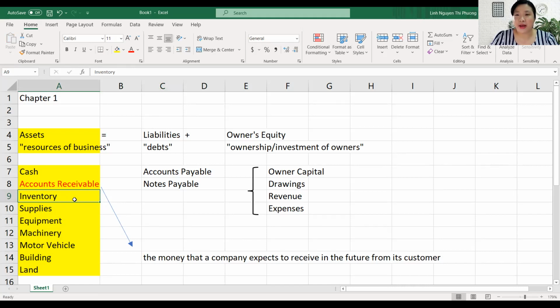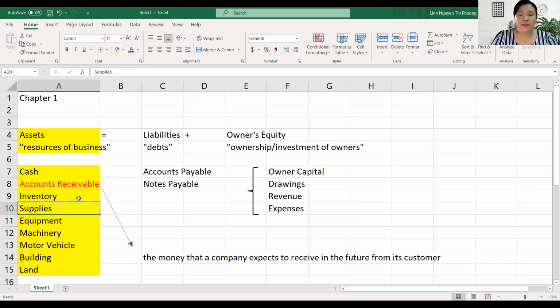For example, if you are selling books, so books will be your inventory. If you sell CD players, so CD players will be your inventory. If you sell TV, TV will be your inventory, okay?